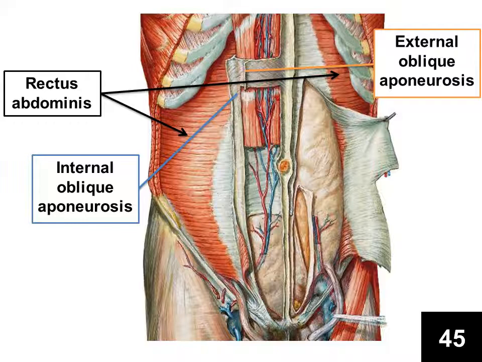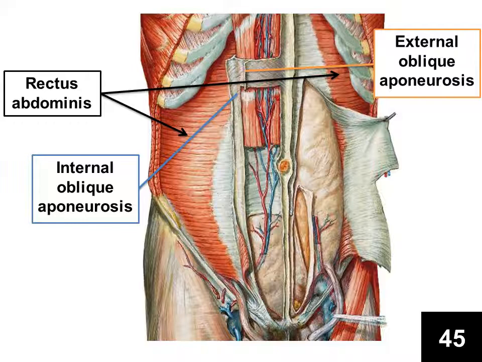Let me repeat for the upper three-quarters: the external oblique and internal oblique form the anterior wall. The aponeurosis of the internal oblique, as we said, in the upper three-quarters splits. The anterior layer goes with the aponeurosis of the external oblique in front of the rectus abdominis, while the posterior layer passes behind the rectus abdominis with the transversus abdominis.